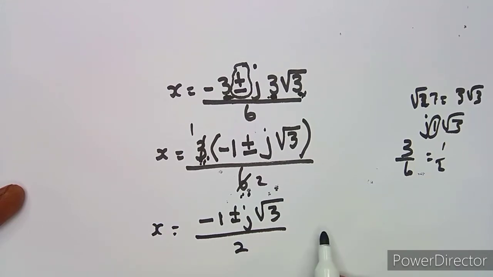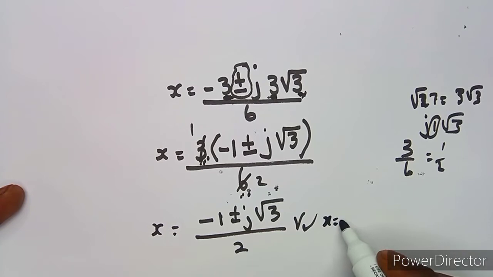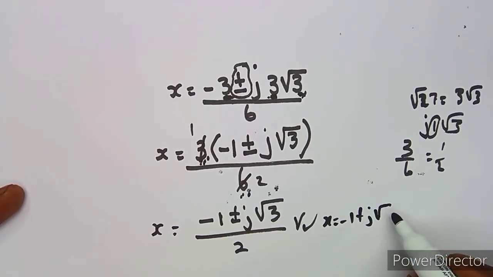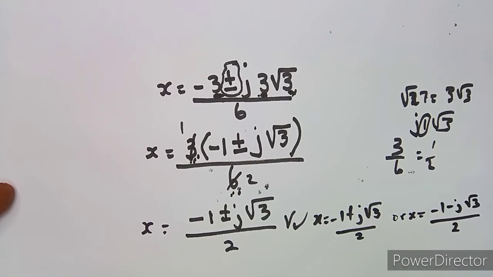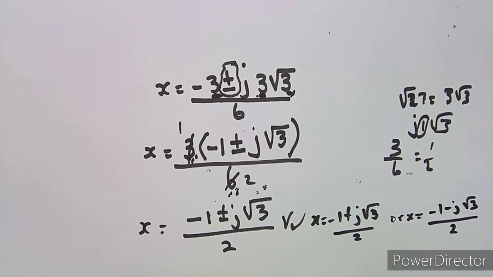Someone can separate this, or you can leave it like that, but someone can separate it to obtain two solutions, one with a plus: x is equal to -1 plus j square root of 3 over 2, or x is equal to -1, negative this time, j square root of 3 over 2, like that. So it depends on the way that you want to use it.